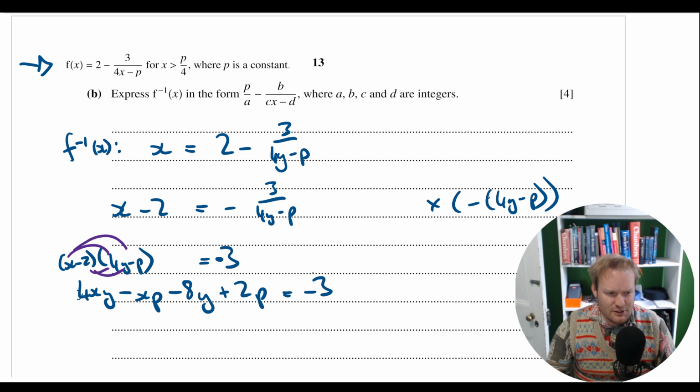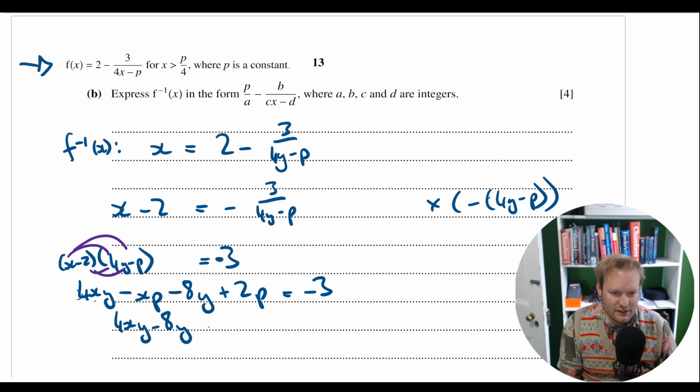Nothing's coming to light yet, except here are two terms with y in them, so I almost want to factorize out that y already, but let me hold my horses a little bit here. So we've got that equals xp minus 2p minus 3.